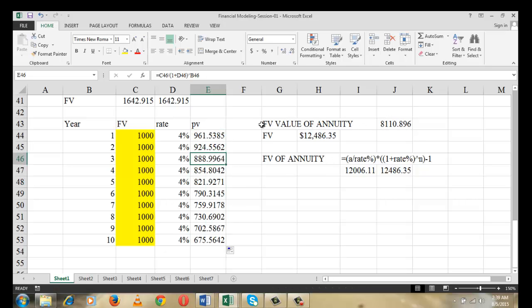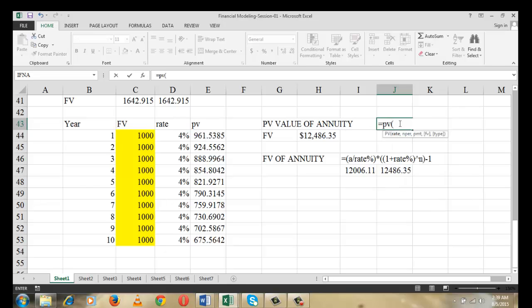So the present value of annuity, if you want to determine, would be very simple. Write PV, bracket open, rate is 4%. Then NPER means the time period, that is 10 years. Then PMT would be annuity.